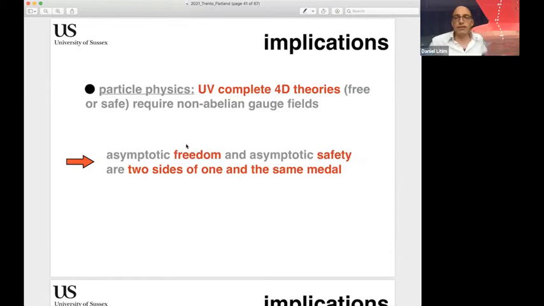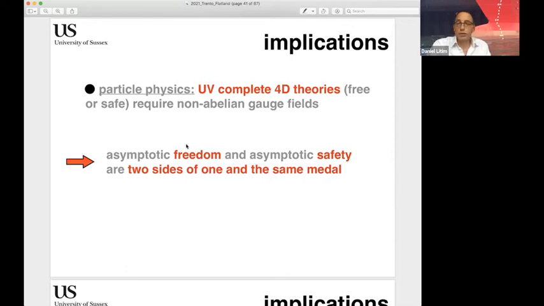Now, what are the implications of this? First of all, from a 4D particle physicist perspective, we now learn that in order to achieve ultraviolet complete, or fundamental, well-defined 4D quantum field theories, we always require non-abelian gauge interactions. Now, this is something which, at least for us, came unexpected.